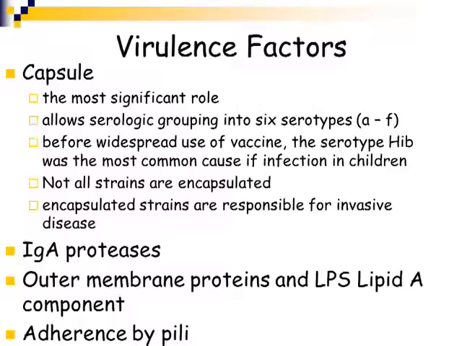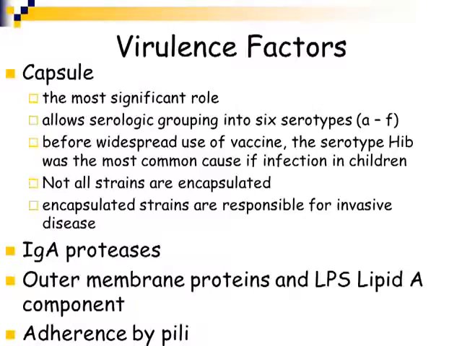Haemophilus influenzae serotype B was the most common cause of infection, especially in children. However, now that we have a vaccine for Haemophilus influenzae type B, we don't see this causing as much of a problem as it used to.